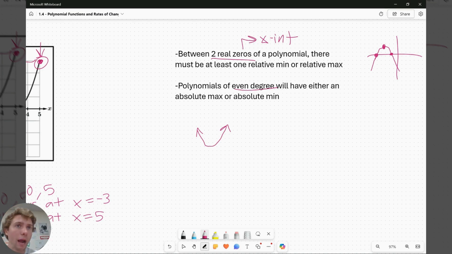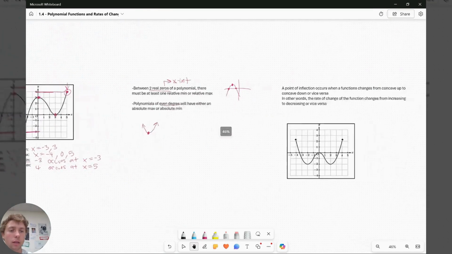For example, a parabola, an x squared graph. Well, if your ends go in the same direction, they will go up or they'll both go down forever. Then there has to be a spot that is the highest or is the lowest for everything. Okay, so that does tell us a little bit more information there.